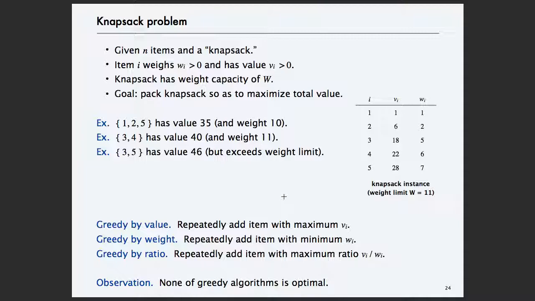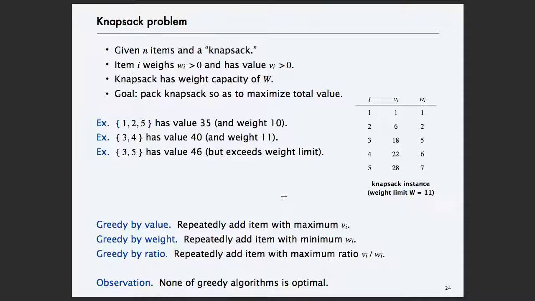Now we are going to see one more. We are going to start talking about knapsack. Actually, I'm surprised that they didn't put it in the greedy section, because it's also one of the examples of greedy algorithms.